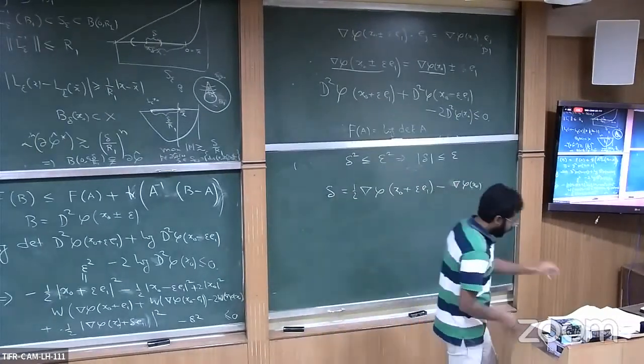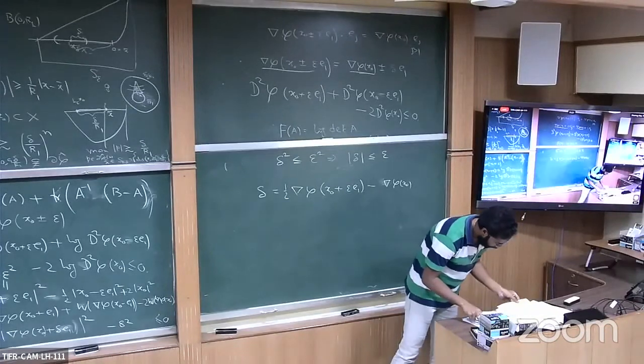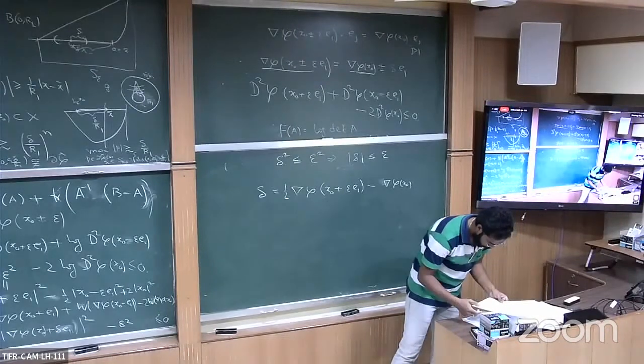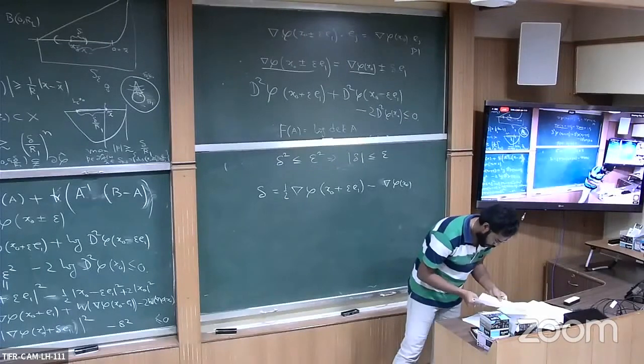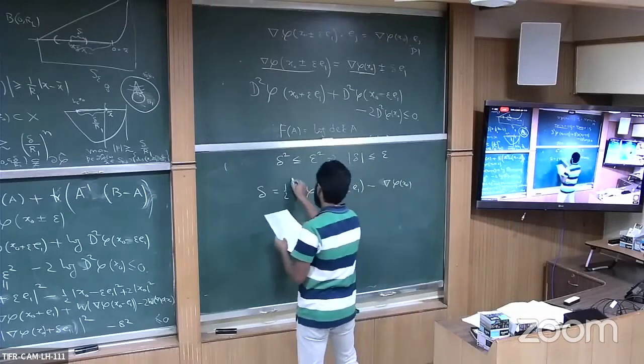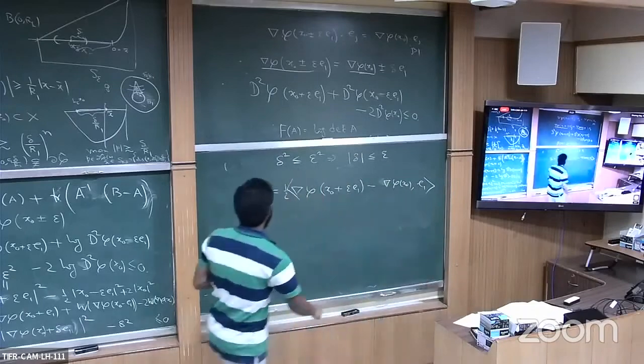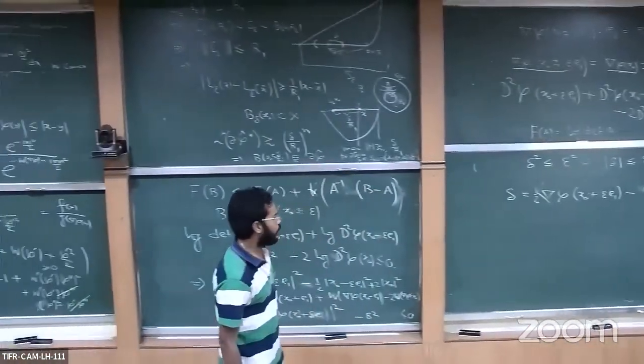All right, so let me just write it down. What is my delta? This is basically one half and then plus T1. So this is my delta.